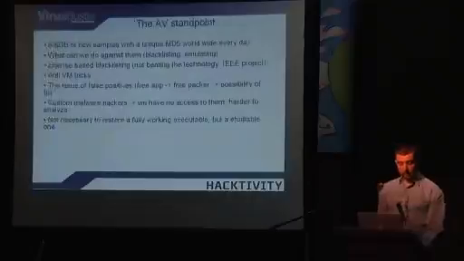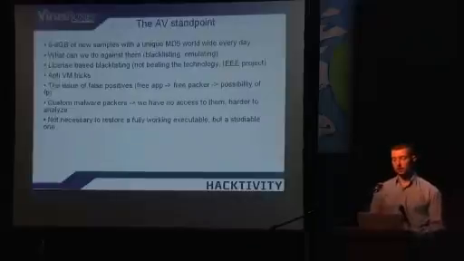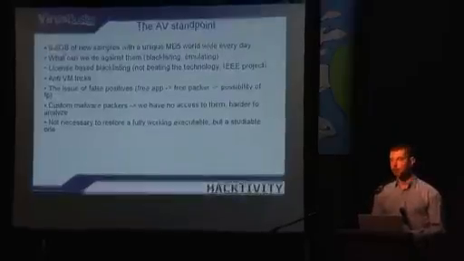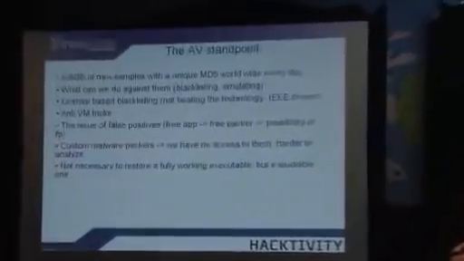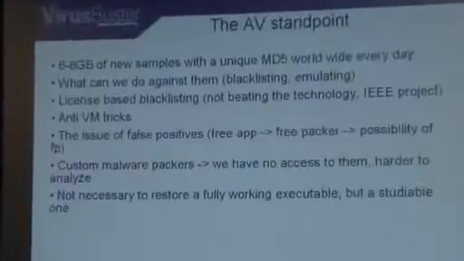So how do we approach this from an antivirus standpoint? First of all, in the very first point, and few people know about this, especially those not involved in the antivirus business on a daily basis, we can safely say that every day 6 to 8 gigabytes worth of different malware is generated.